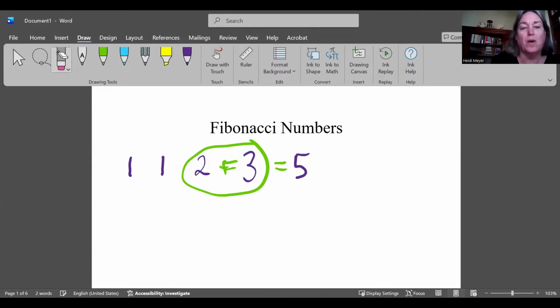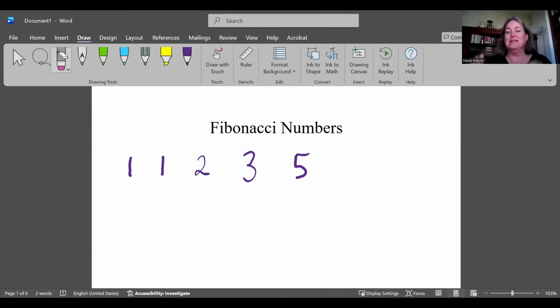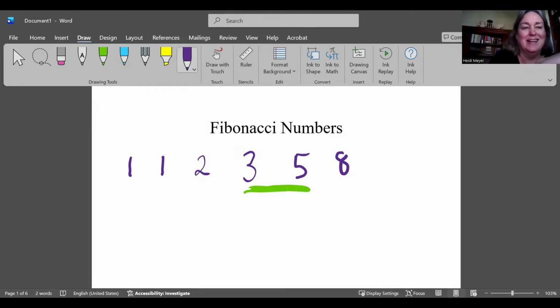So we're going to do a couple more. So I'm going to stop writing the pluses and the equals. We're just going to add these next numbers here. 3 plus 5 equals 8. And then it's getting a little harder because the numbers are a little bigger. But 5 plus 8 is equal to 13.